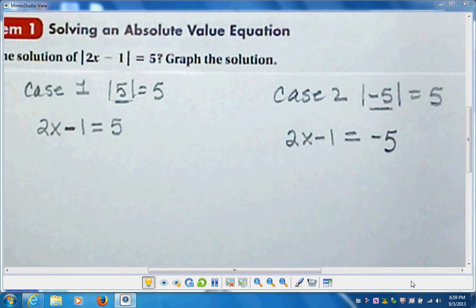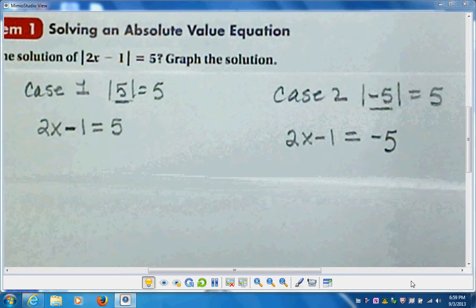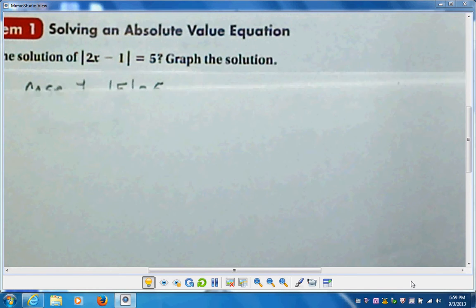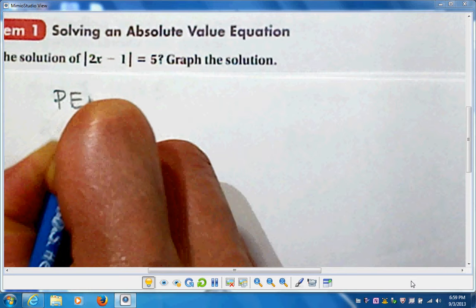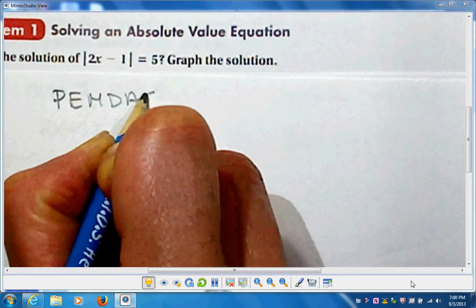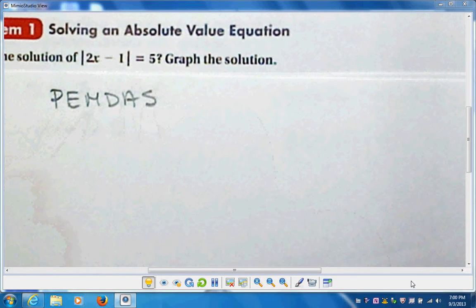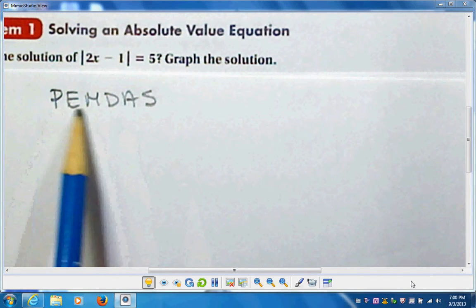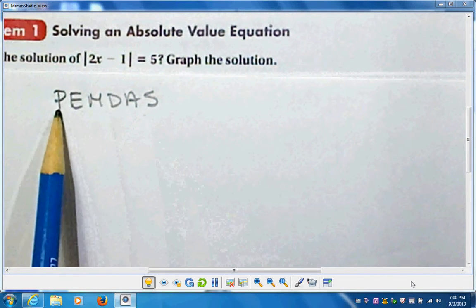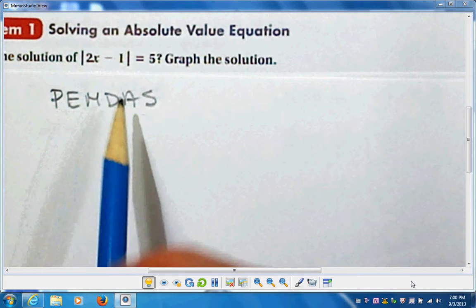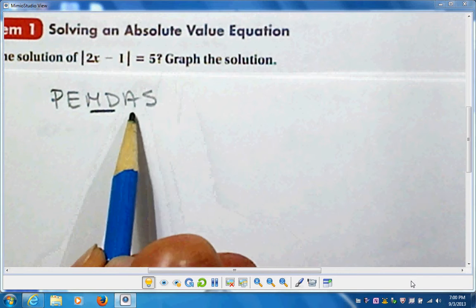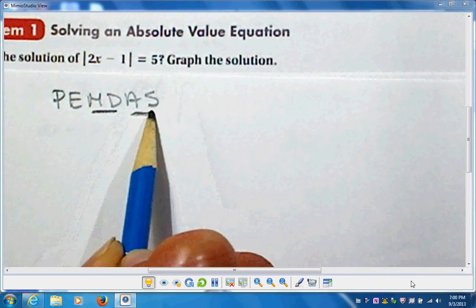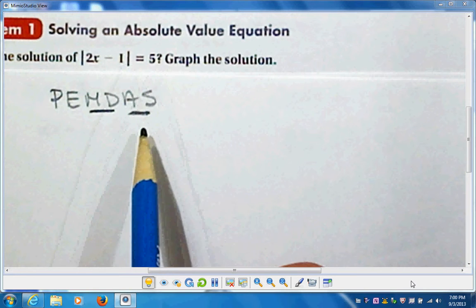Now let's take a little commercial break about solving. When we're solving a problem, we usually think about PEMDAS. PEMDAS is order of operations: parentheses, exponents, multiplication or division, whichever comes first, addition or subtraction, whichever comes first, as you're working the problem from left to right.